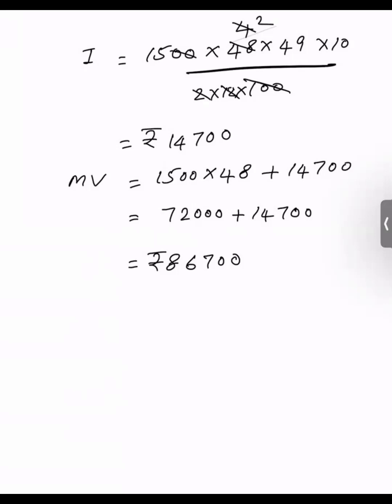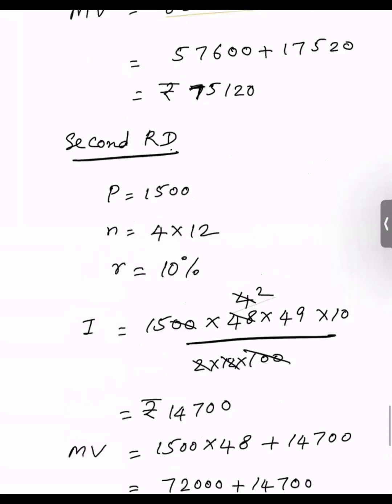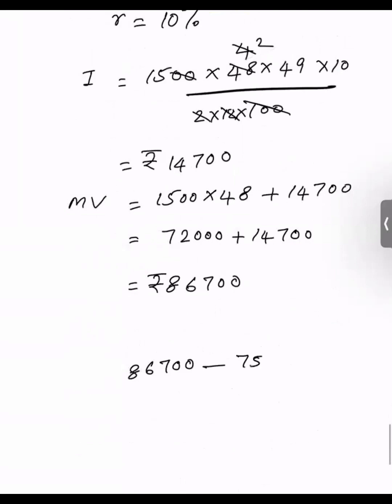So you have to write 86,700 minus 75,120. That will give you 11,580. And what is this?